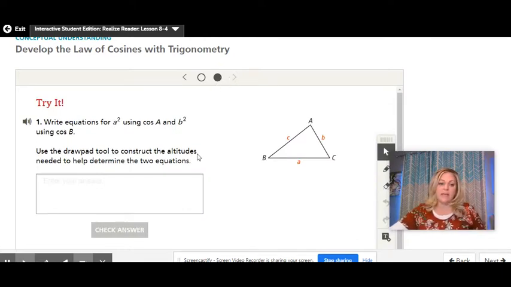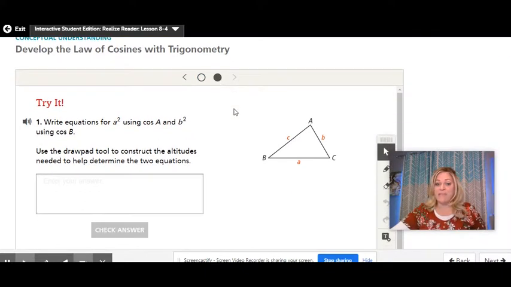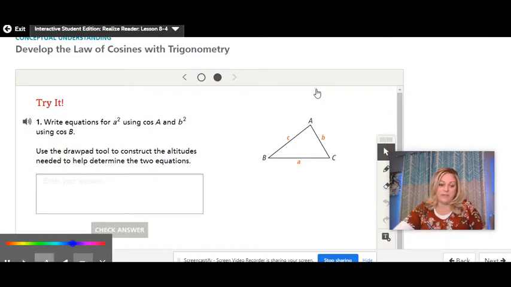Try it. Number one is asking you to write an equation to help us find a squared. The video on the previous slide that I encourage you to watch gave us a formula. I'm going to write that down for you now so that you have it, and then we can refer back to it.